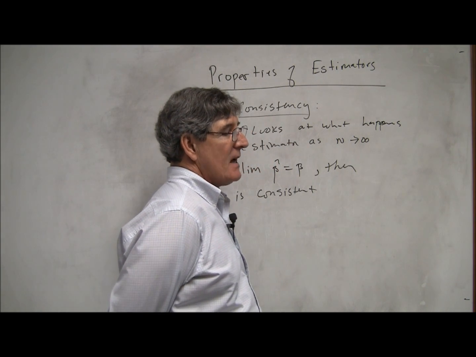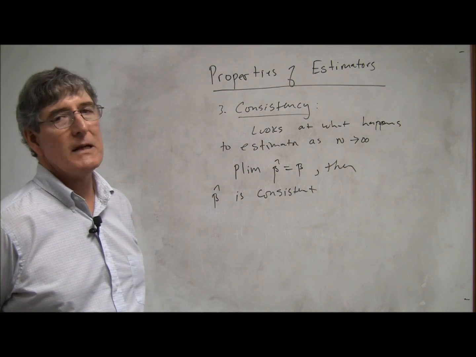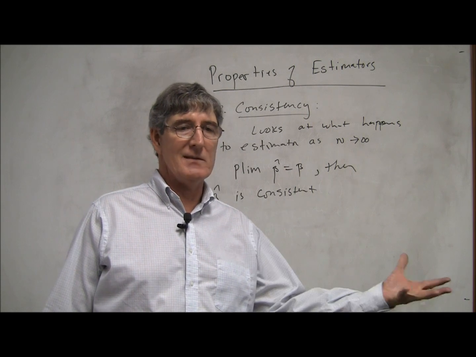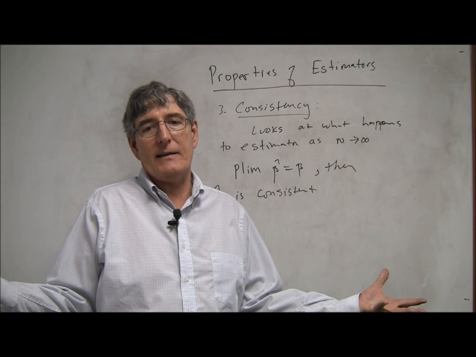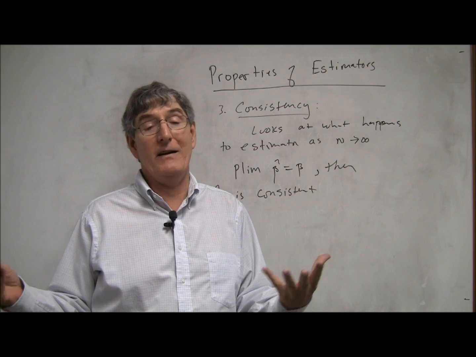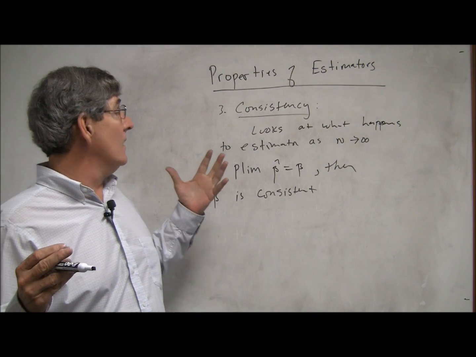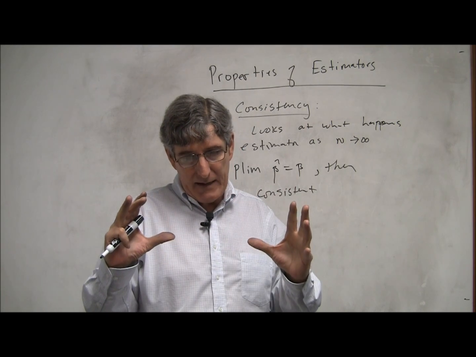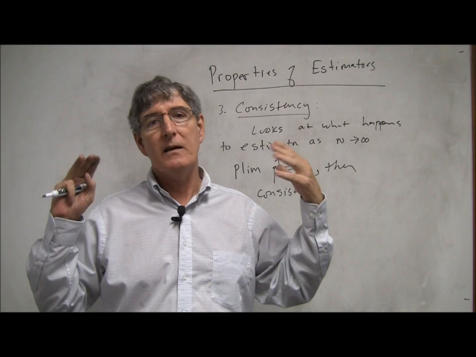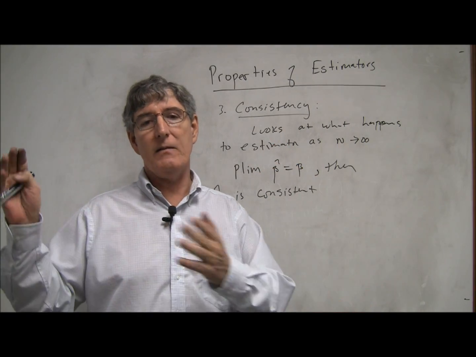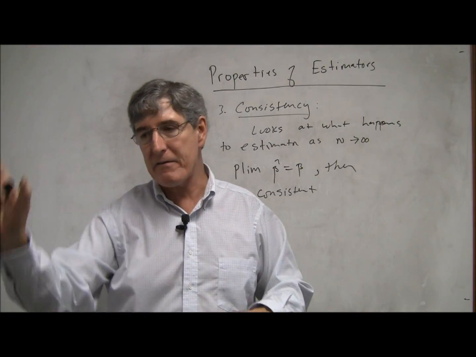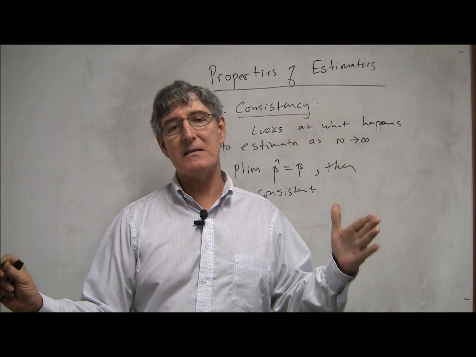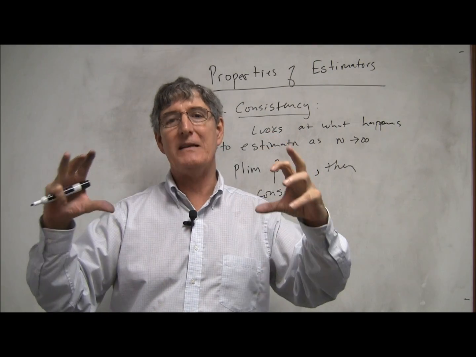If I take a sample size of 10, I won't necessarily get 3.5. I might get 2 6s and 2 1s and a 2 and a 5 or something like that. Maybe I got lucky there to get 3.5. I don't think so. And so for a fixed sample size, I'm not necessarily going to get the right answer. If I repeatedly throw 10, write down the mean, throw 10, write down the mean, throw 10, write down the mean, then I average all those means, I'll get mu. That's unbiasedness. It's the average value of a fixed sample size.